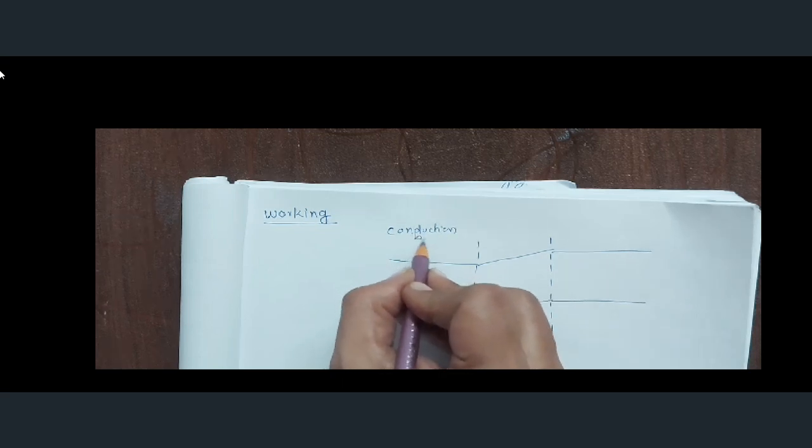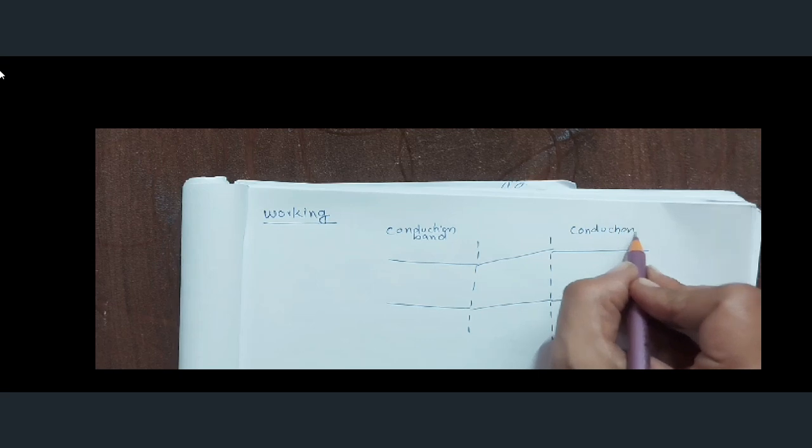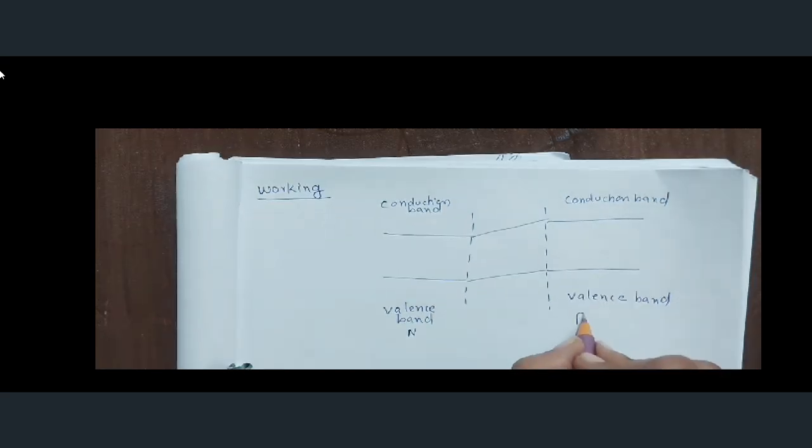Conduction band, valence band, this is for N type, this is for P type.